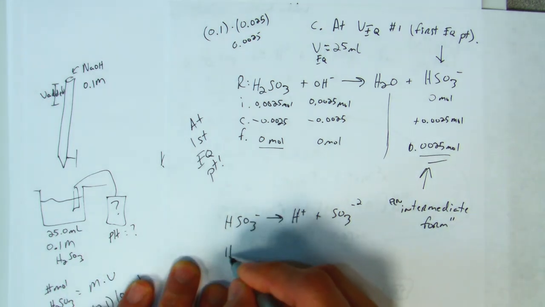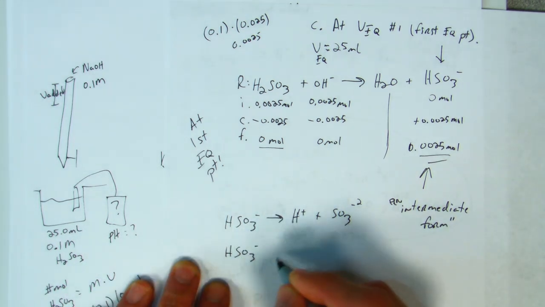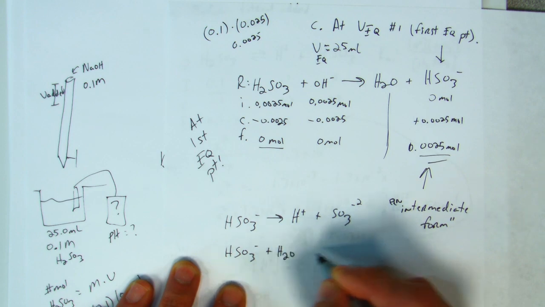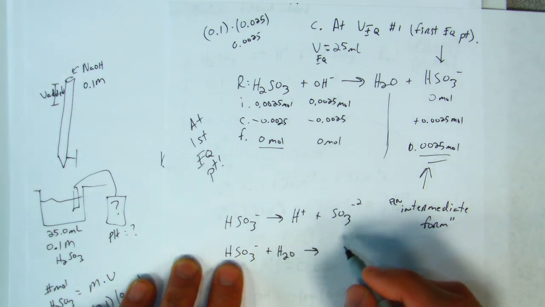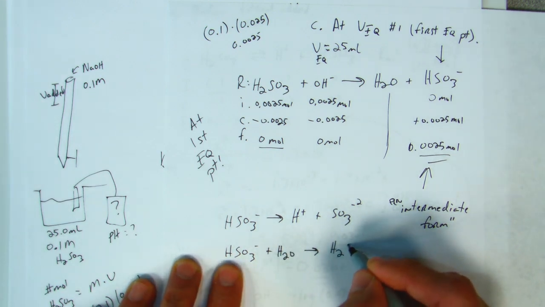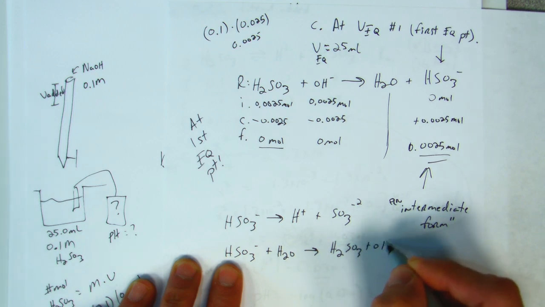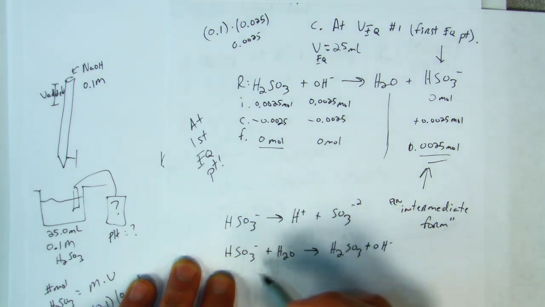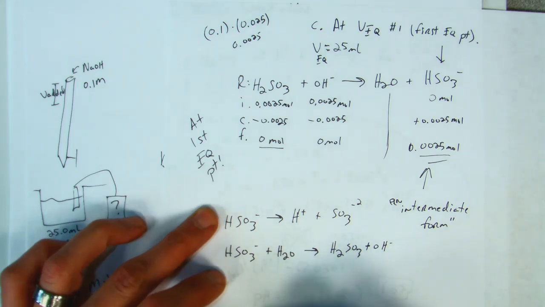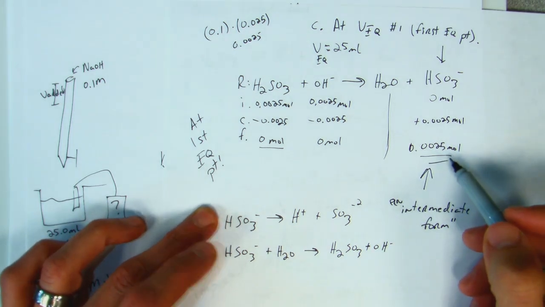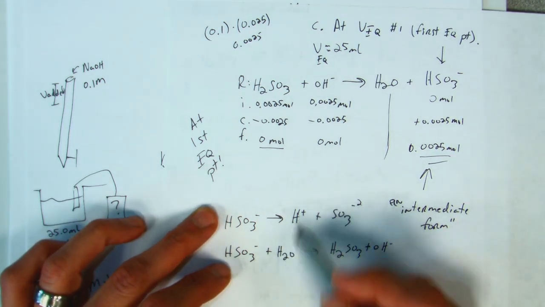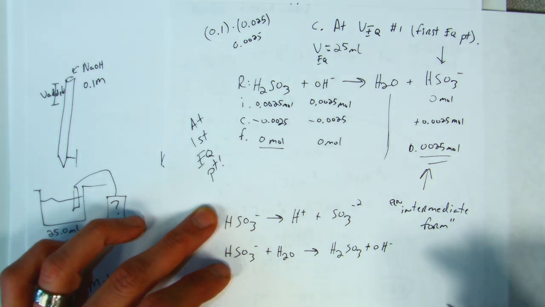However, this ion can also act as a base. It could also accept a proton to go back to H2SO3 and hydroxide. So it's amphoteric. It could act as either an acid or a base, right? So you've got a solution of this intermediate form that can kind of go either way. Well, what is it going to do?